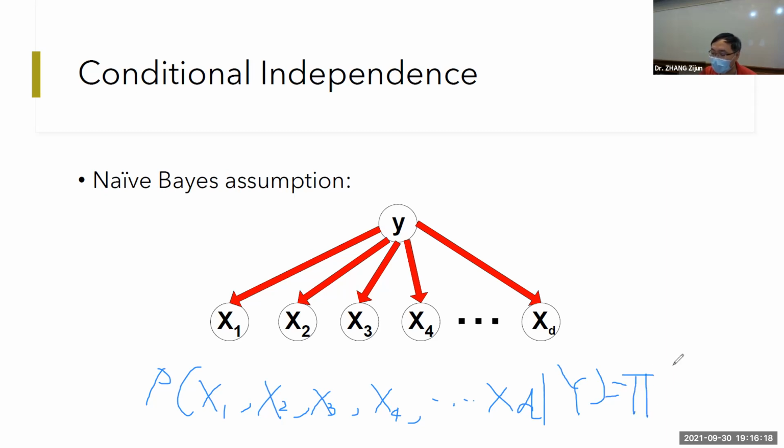Can be equal to the multiplication of the probability of Xi conditioned on Y, with i equal to 1 to D. Okay, understand? All right, so we will use such kind of assumption in the later example as well.